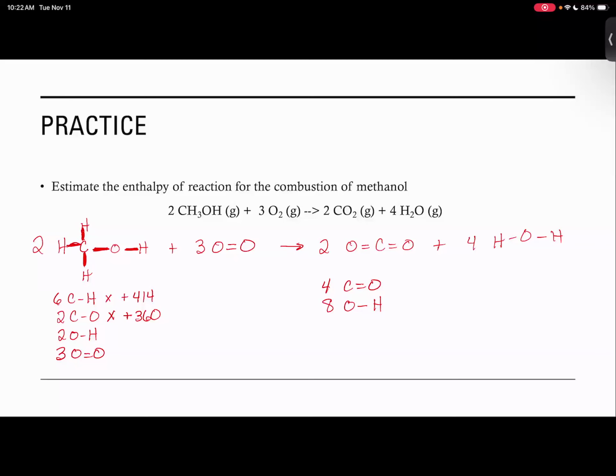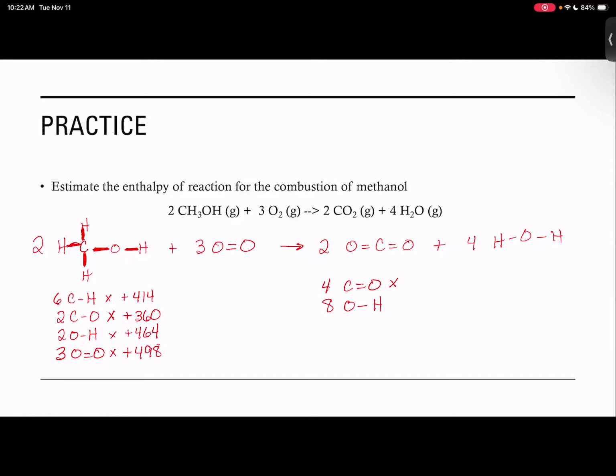The OH bond is a positive 464. And the O double bond O is a positive 498. What's the sign of the ones on the product side?